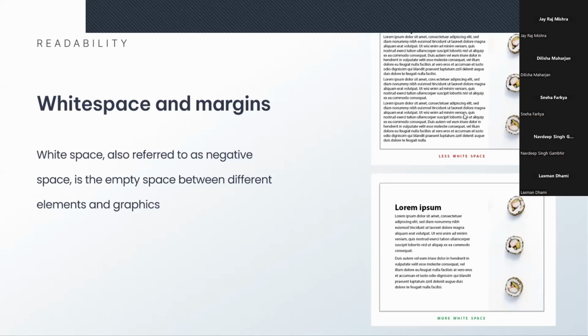In the first picture, there is less white space and the text is very narrowed in between, and it is not properly readable. Even if you want to read for a bit, you may lose concentration before reaching the end. In the second picture, the text is concise.